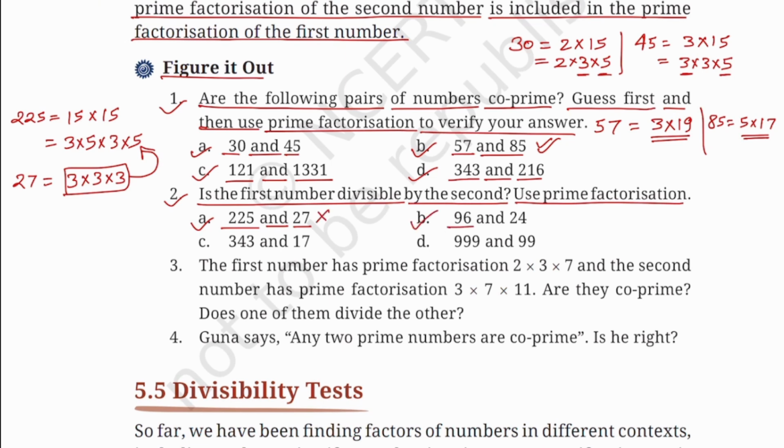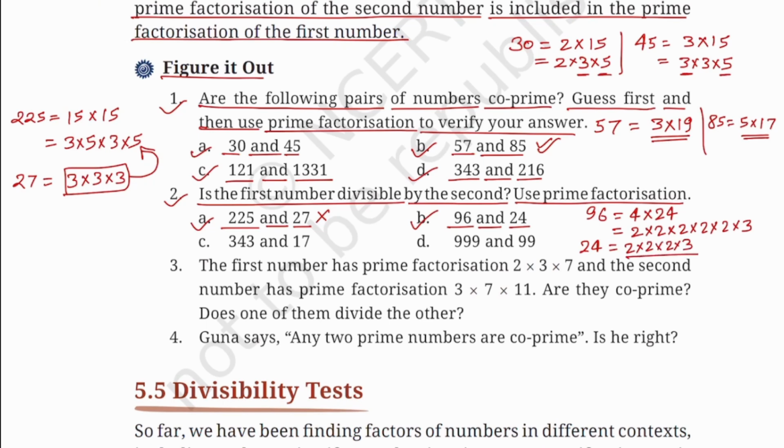B. 96 and 24. 96 is equal to 4 into 24 or 2 into 2 into 2 into 2 into 2 into 3. Similarly, 24 can be written as 2 into 2 into 2 into 3.